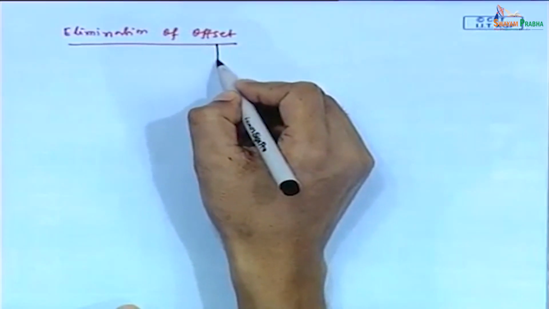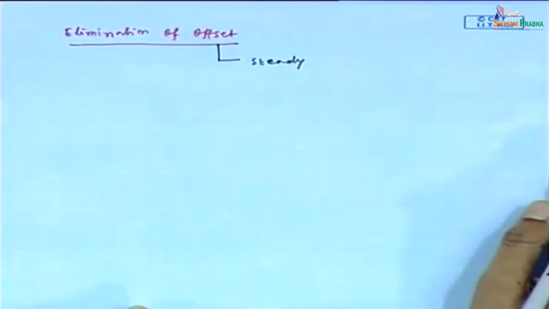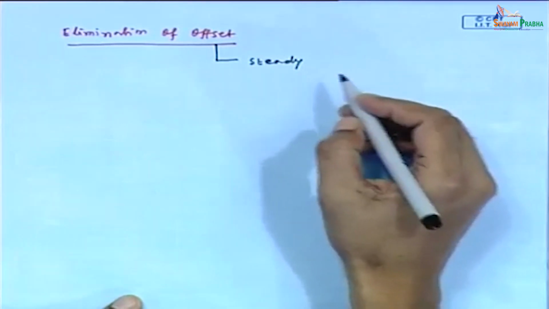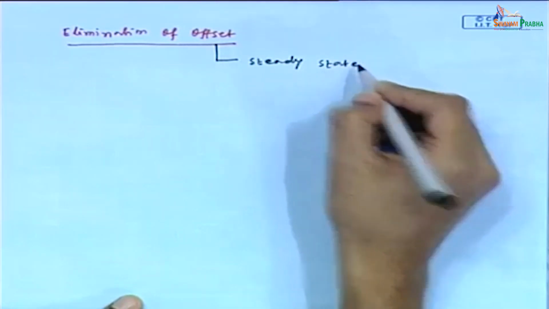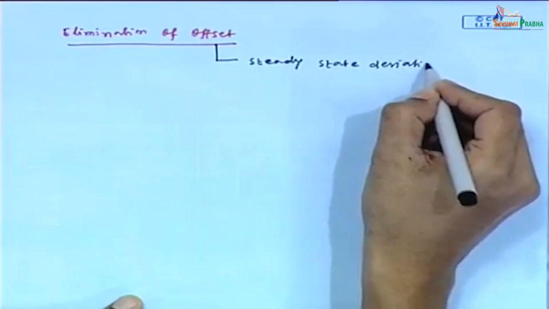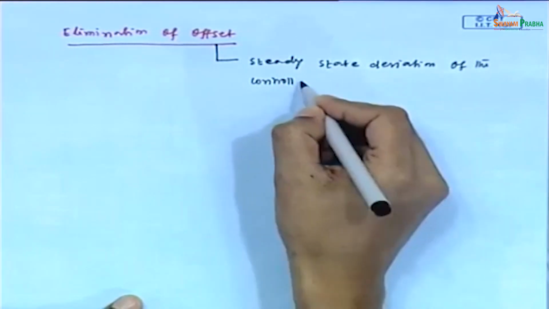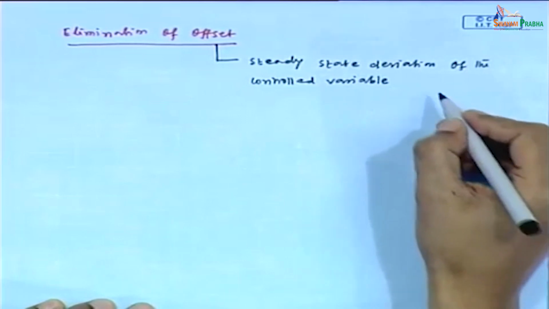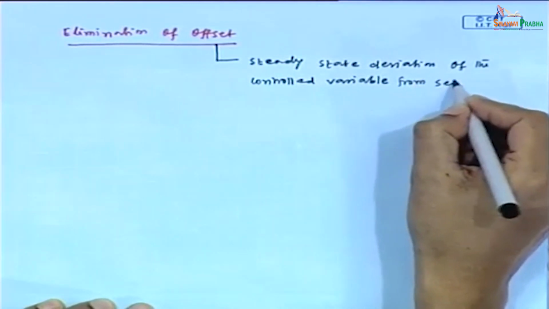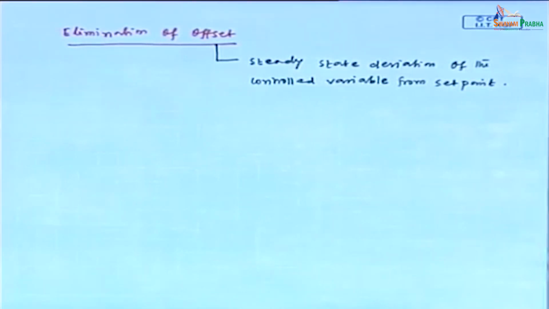Offset is defined as the steady state deviation of the controlled variable from set point.